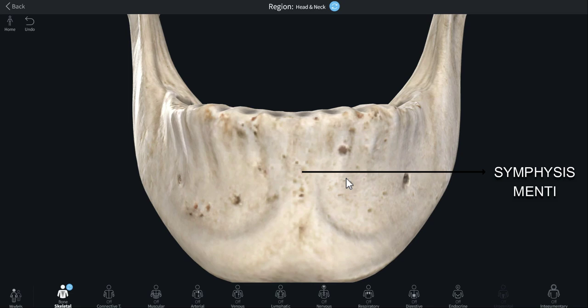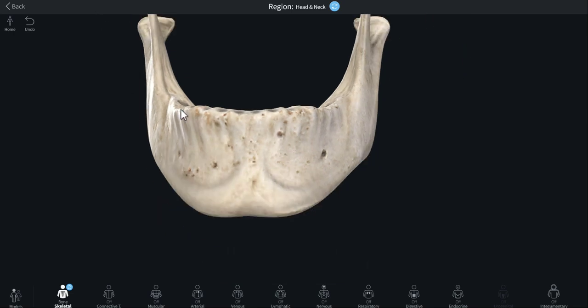All right, symphysis menti. Now let me tell you something. What is this actually? Firstly, let me define that for you. Symphysis menti denotes the location of the junction of the two halves of the mandible.